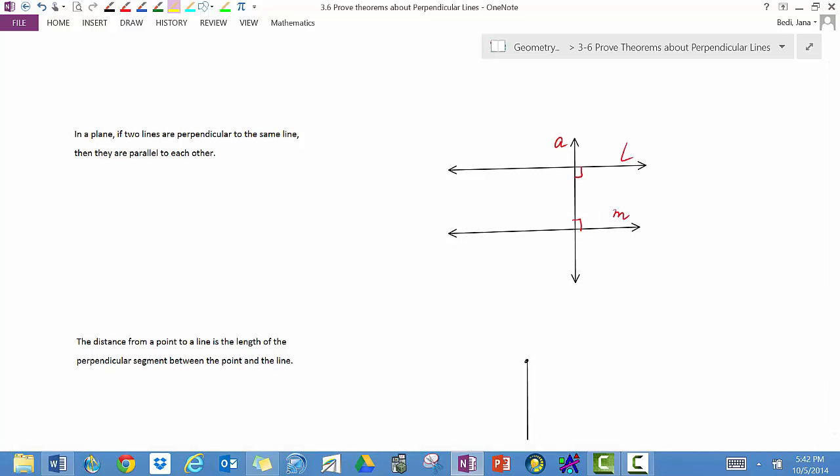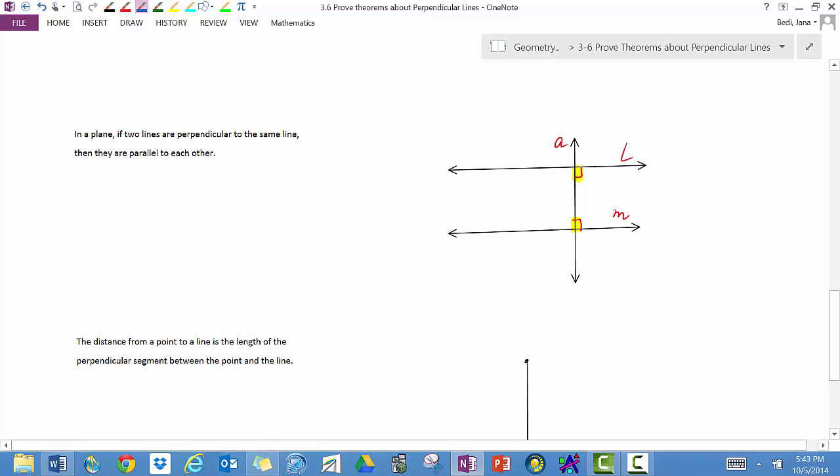In this diagram, you are given that these two lines L and M are both perpendicular to A. So we can conclude from that that they are parallel to each other. Well, look at these two angles. These are consecutive angles. They add up to 180 degrees. So therefore, by the consecutive angles converse theorem, L and M have to be parallel.